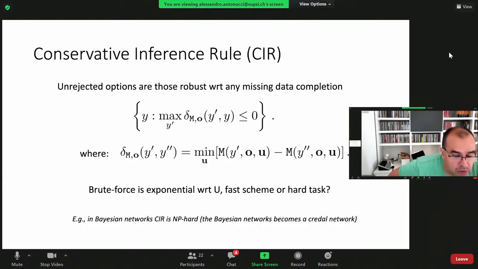What you can prove is that this kind of conservative approach is equivalent to transforming the original Bayesian network into a Bayesian network quantified by sets of probability, which is called a credal network. And inference in credal networks belongs to higher complexity classes. So in the case of Bayesian networks, the task is hard also without missing data, but with it, it is in a higher complexity class.